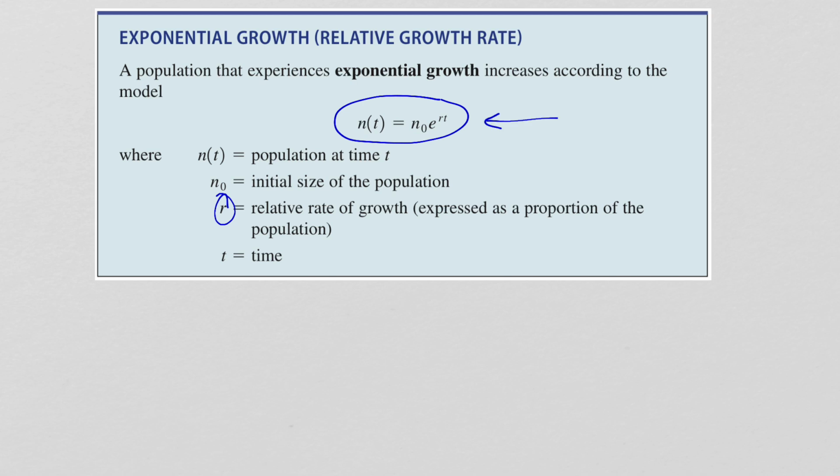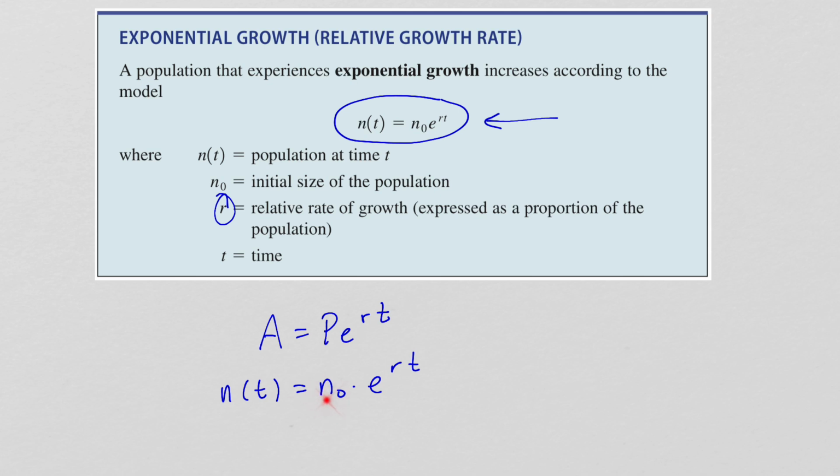Now, I do want to point out that when we talked about exponential growth for continuously compounded interest, we had A equals P e to the rt. I want you to understand that this formula here is exactly the same formula. It's just that we're renaming A to be N of t, that's the number in the population at some time t, and N naught is the initial number in the population.